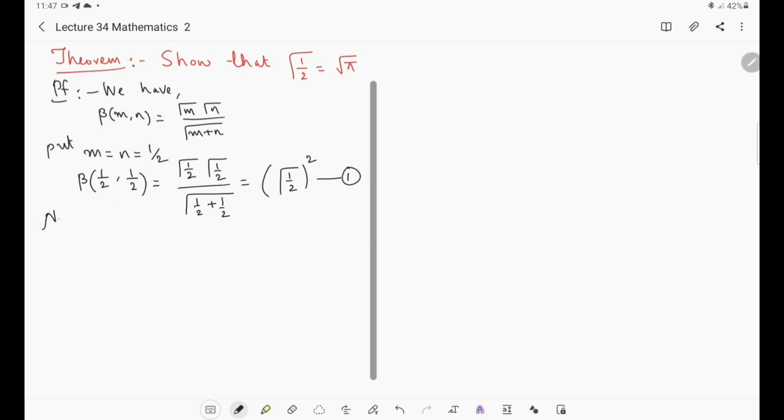So now we have the definition of beta function: beta of m comma n equals integral 0 to 1 x power m minus 1 into 1 minus x whole power n minus 1 into dx, right? This is the basic definition of beta function. I will put m equals n equals 1 by 2.